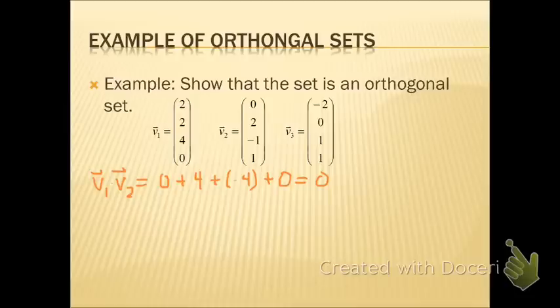Likewise, the dot product of v2 and v3 is also 0. Then we do v1 with v3, and we get 0. Therefore, since all of the vectors are orthogonal to each other, we have an orthogonal set.